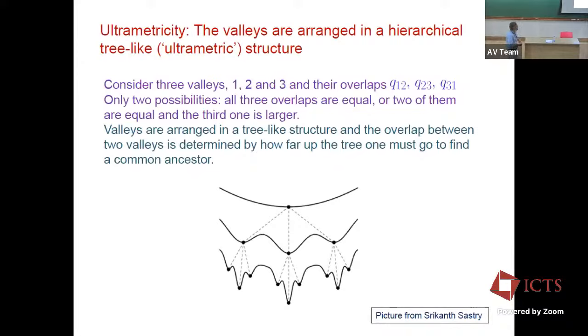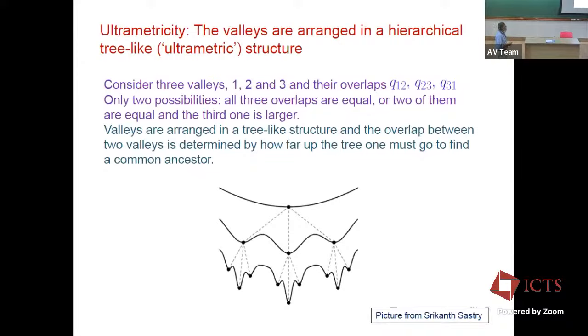These 3 numbers have only 2 possibilities: either all 3 numbers are the same, or 2 of them are the same and the third one is larger. This is not expected from the beginning, but as one does the calculation, it comes out of the calculation.